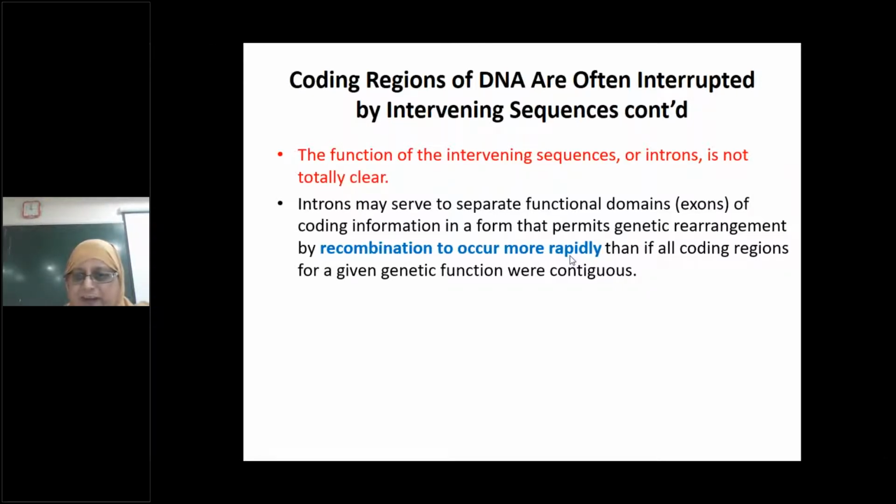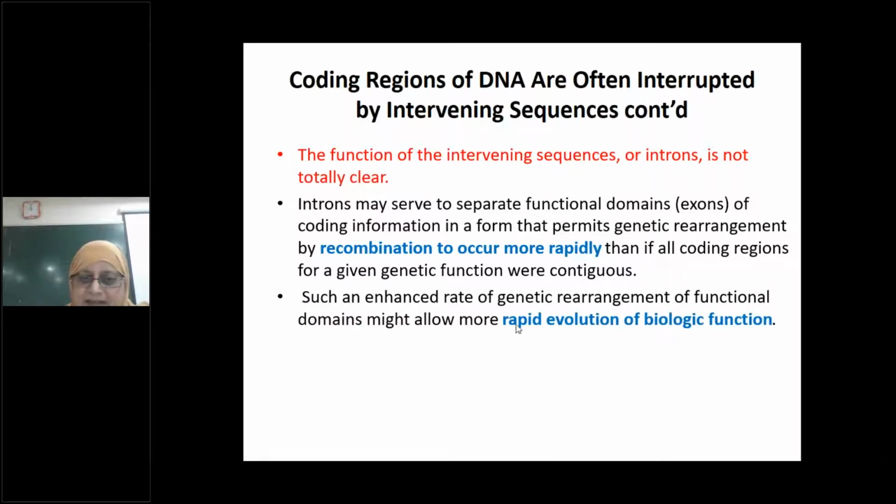So because it is separating the functional domains of the exons, it allows genetic rearrangement through recombination to occur more rapidly than if all the coding regions were present together. Then this enhanced rate of genetic rearrangement of the functional domains might allow for more rapid evolution of the biological function.